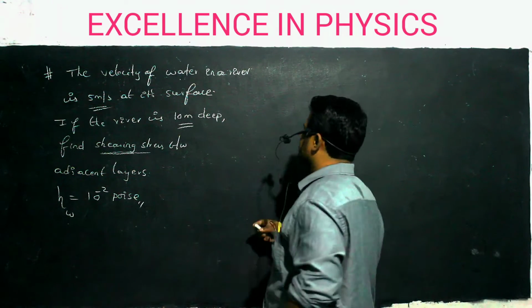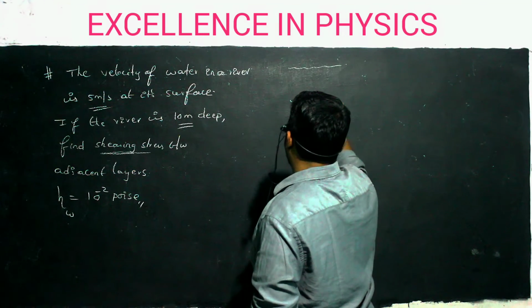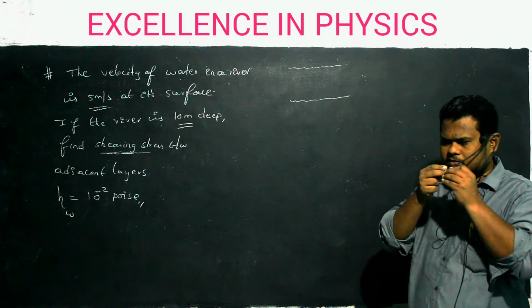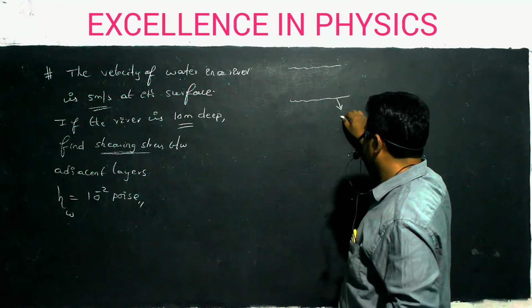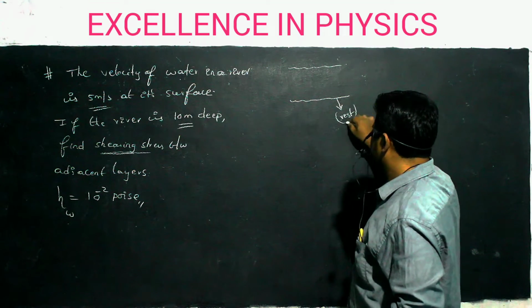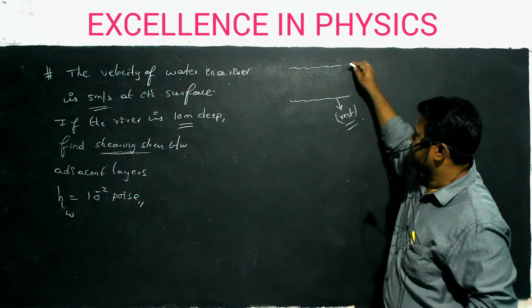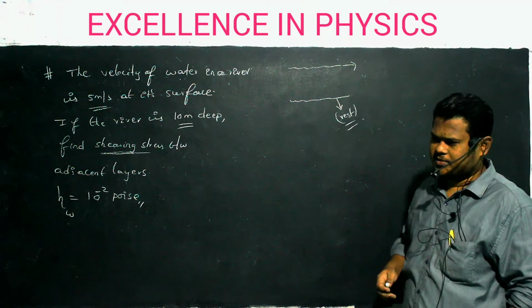See, for example, take this one as the top layer of water and this one as the bottom layer of water. Already we studied yesterday that the bottom layer of water will be almost in rest position, and the topmost layer will be traveling with the highest velocity.